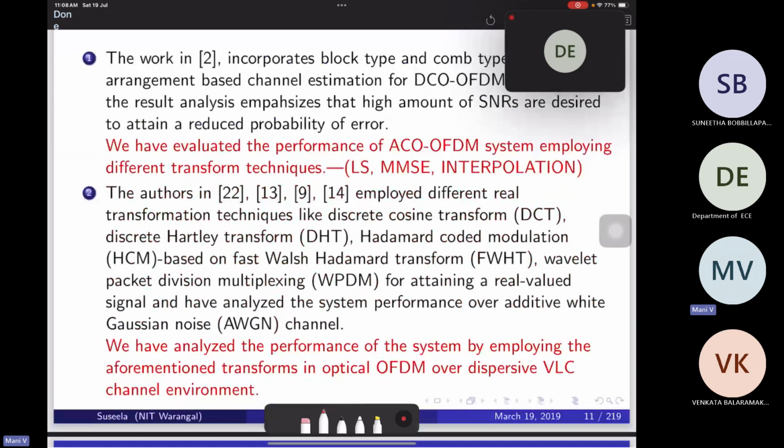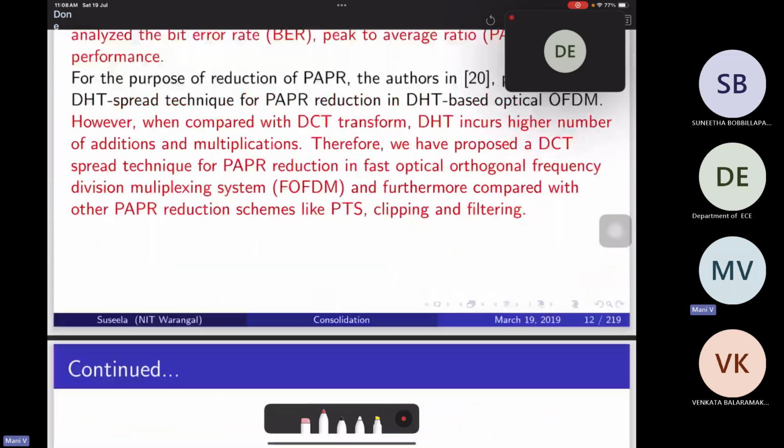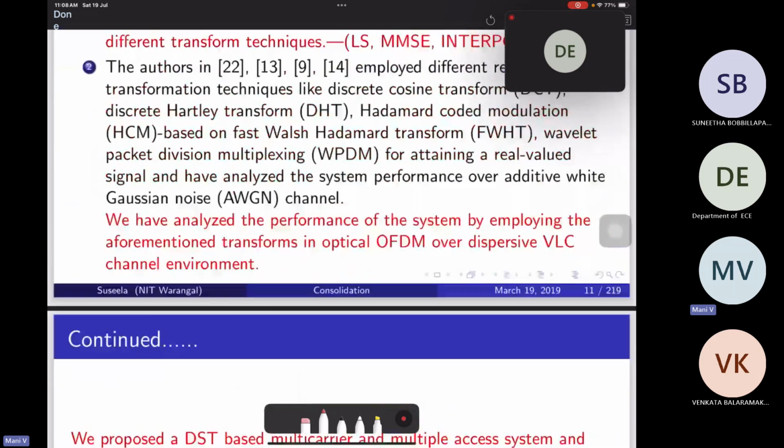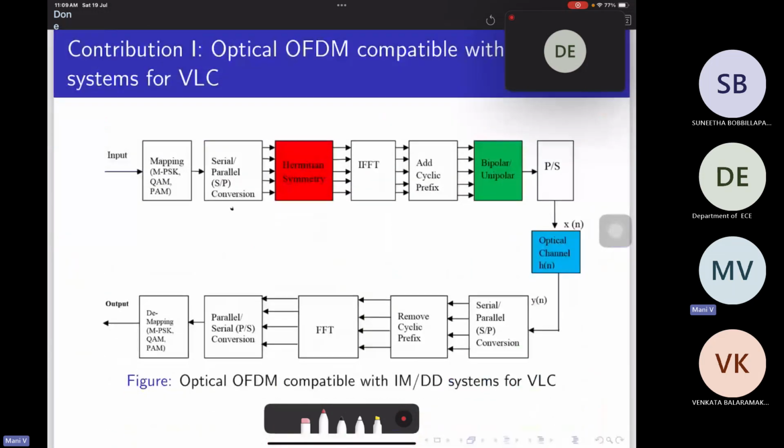So I don't go to the higher order modulation schemes, but I concentrate on lower order modulation schemes. I'll talk about the OFDM problems later. So I concentrate on Hermitian symmetry.